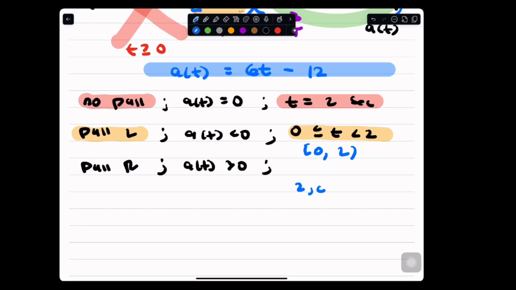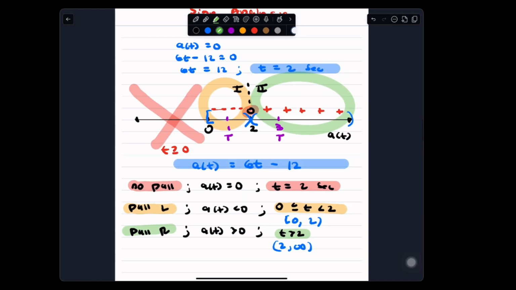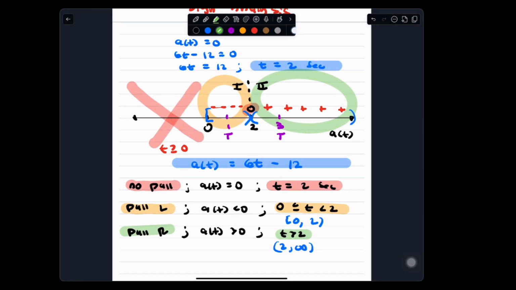So 2 to infinity as interval notation, and that strictly means t has to be bigger than 2. So there's your conclusion, ladies and gentlemen.